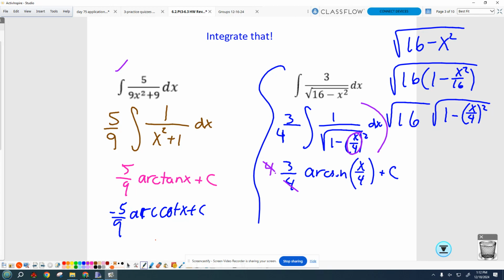So what is the derivative of x over 4? Coefficient, 1/4. So divided by 1/4 is multiplying by 4. So this one is harder because it's factoring out of the square root, recognizing that it's arc sine, and remembering chain rule. Okay? Yeah.